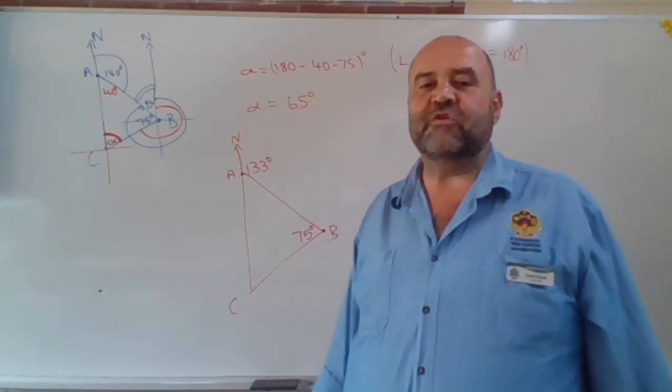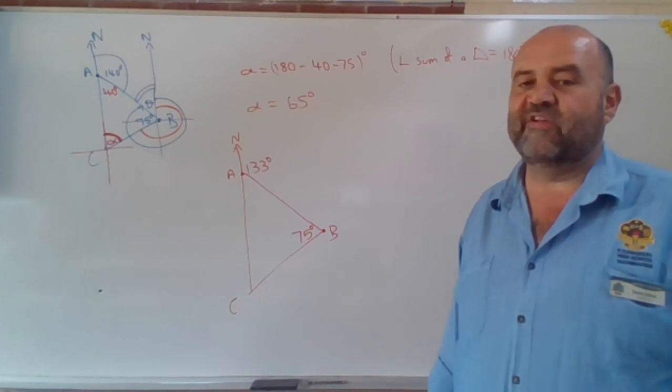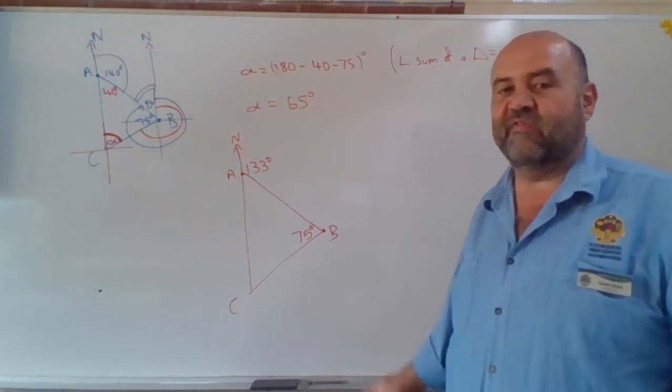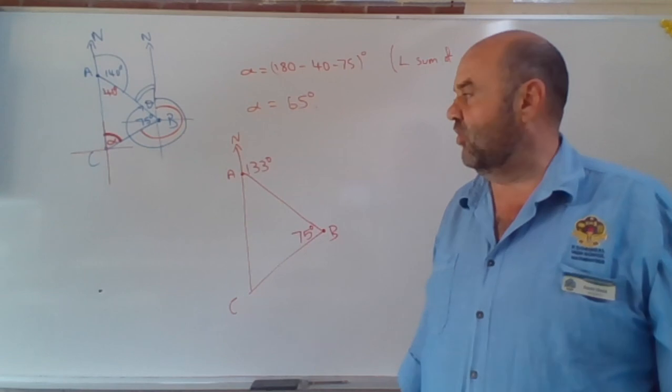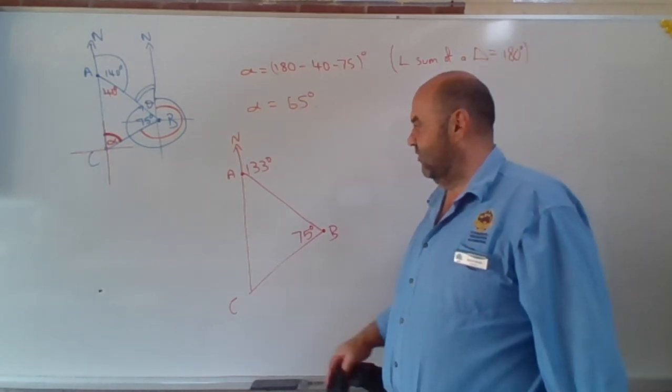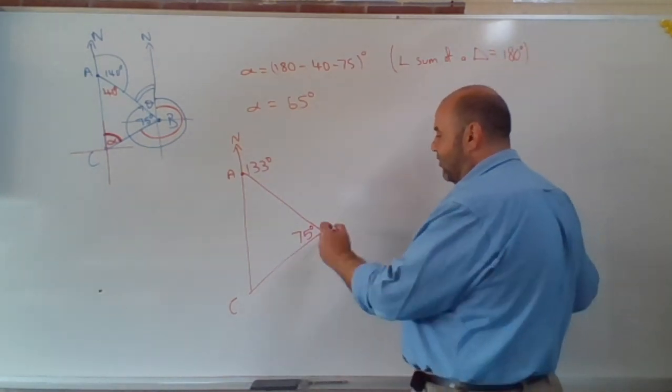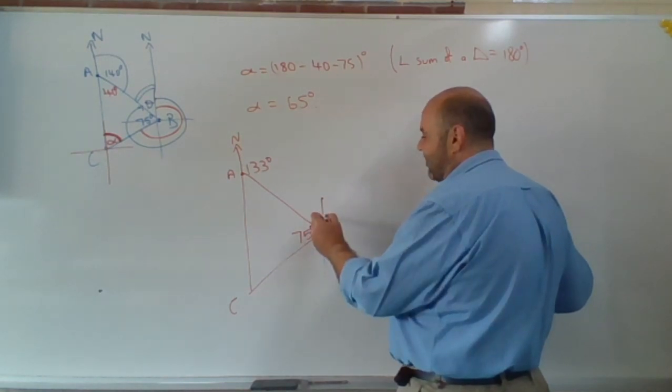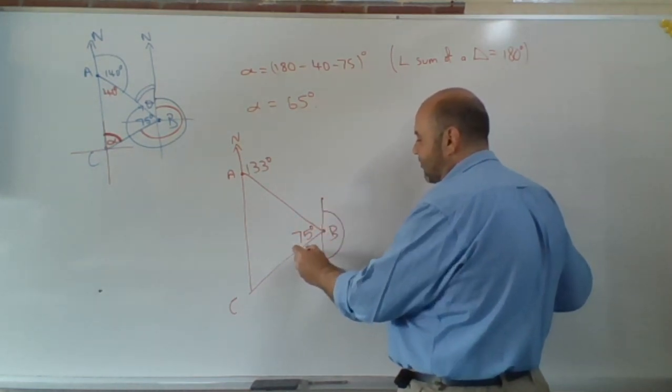If the initial bearing was instead 133 degrees and angle ABC is still 75 degrees, find the bearing from B to C. So again, they're asking for this angle here.